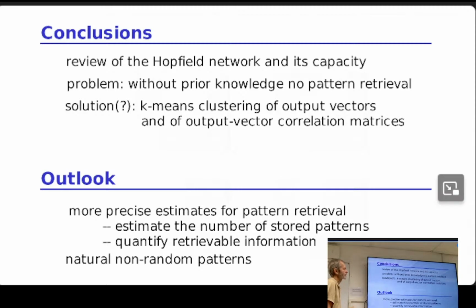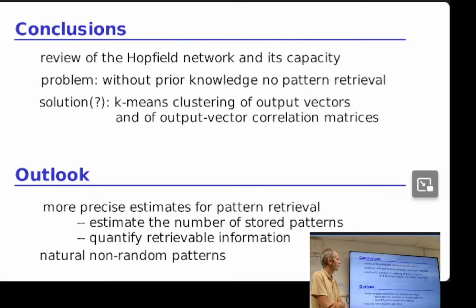The solution, and it's only a partial solution, at least to know whether there are patterns stored or not, would be this clustering algorithm applied either to the output vectors directly or to the correlation matrices between the output vectors.